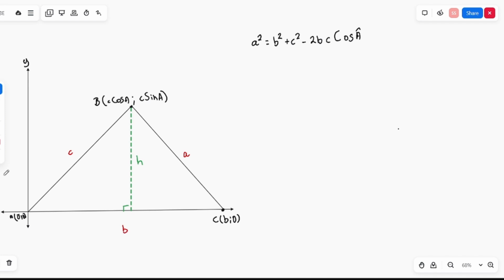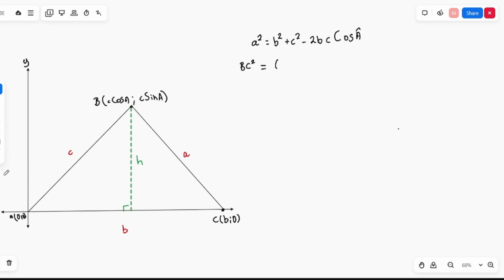So let's get into it, guys. We are going to be looking for the distance of BC, right? That's what we are looking for. So how do we go about finding the length or size of BC?